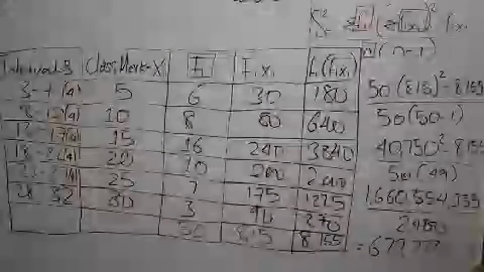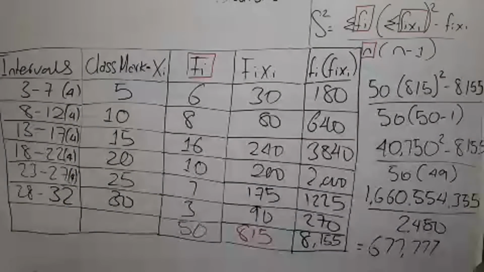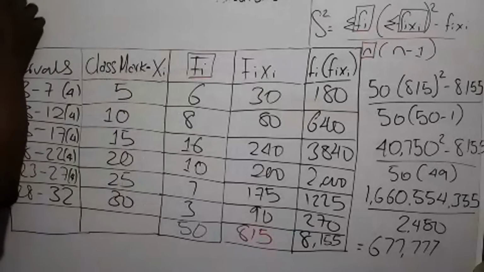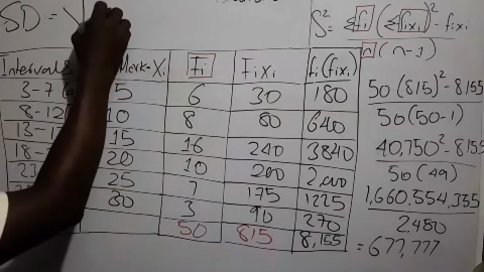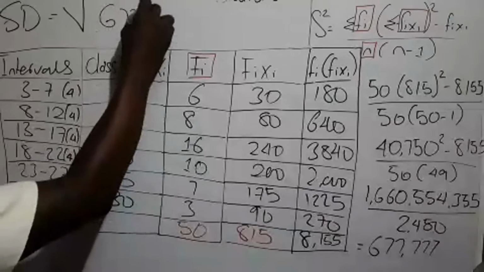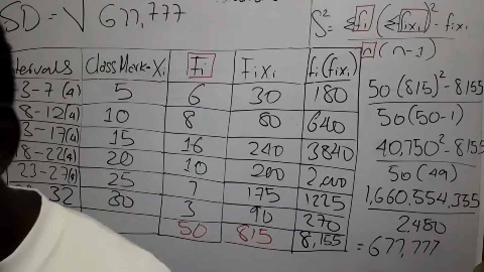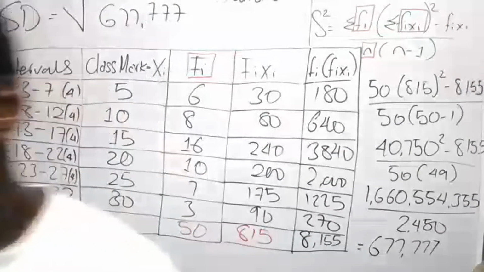All right. So now, this is for our variance, 677. So now, for our standard deviation, is the square root of what we get for variance. Mrs. Regina, it's in decimal.